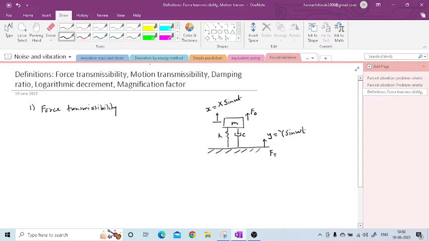Then the force transmissibility is defined as the ratio of force transmitted to the support to the force impressed on the system.